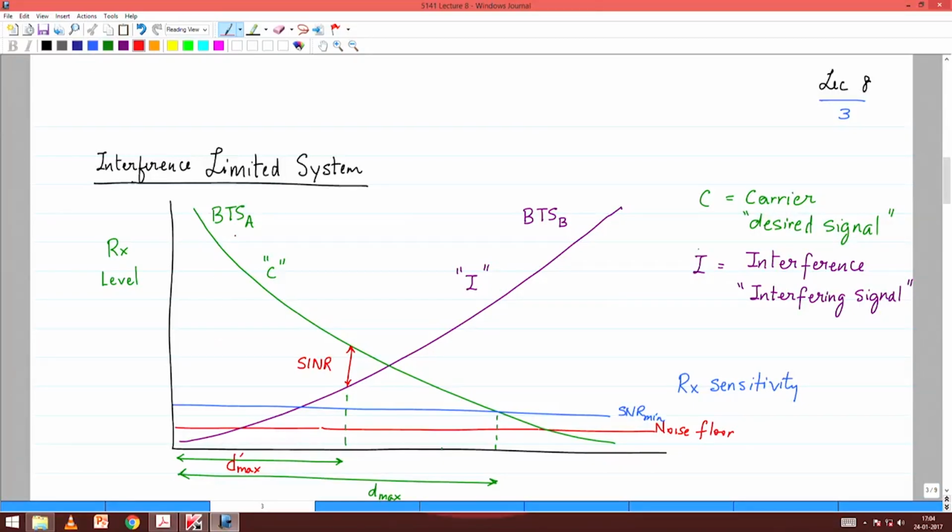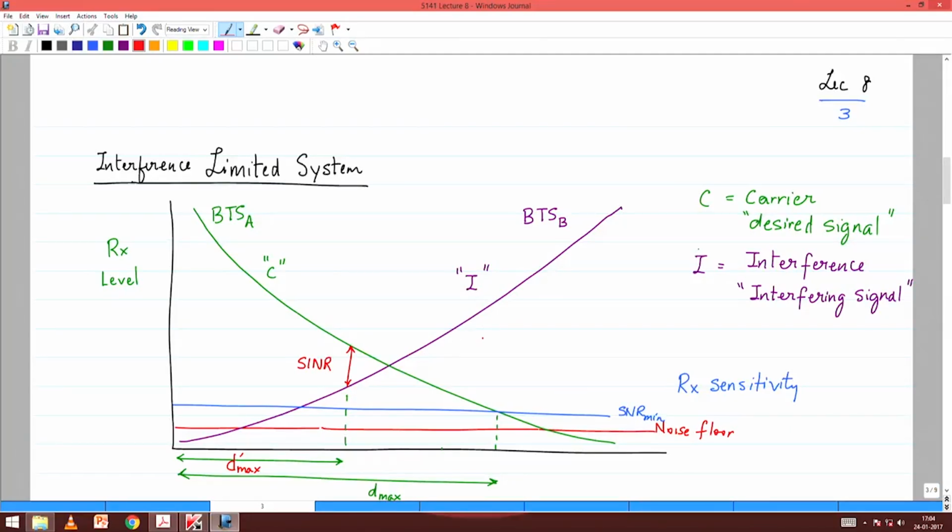The signal is decaying as a function of distance, and there is a receiver sensitivity. But let's assume that there is a base station B which is also transmitting at the same frequency. Then it becomes an interfering signal. The interfering signal's strength decays as you move away from base station B.